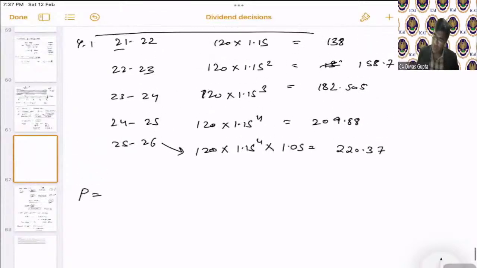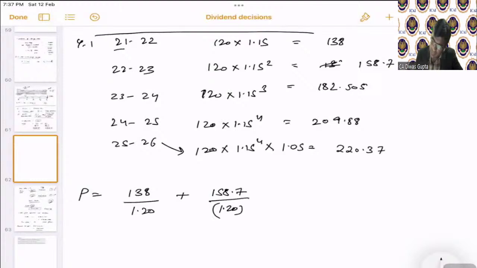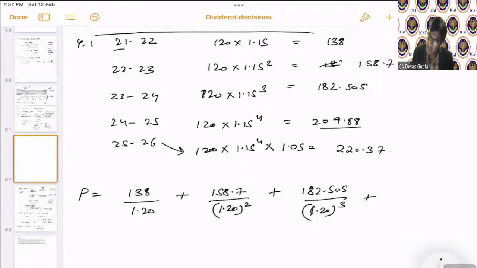So first of all, it will be 138 divided by 1.20, plus 158.7 divided by 1.20 raised to the power 2, plus 182.505 divided by 1.20 raised to the power 3, correct? For the third year. Then similarly for the fourth year, it is 209.88 divided by 1.20 raised to the power 4.